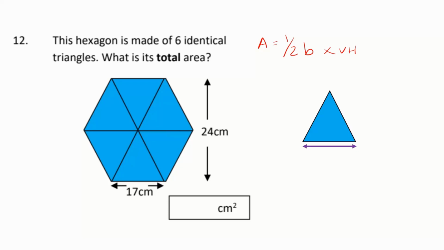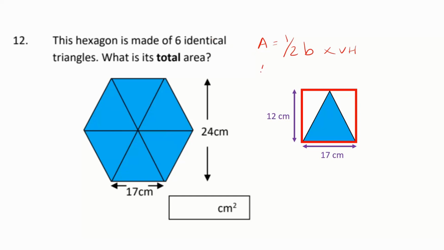That's not the height of one triangle. 24 is the answer to the height of 2 triangles. 1, 2. So what's the height of one triangle? If 2 are 24, 24 divided by 2, it's going to be 12 centimetres. So that's the height of your triangle.